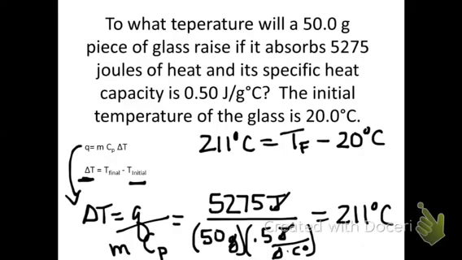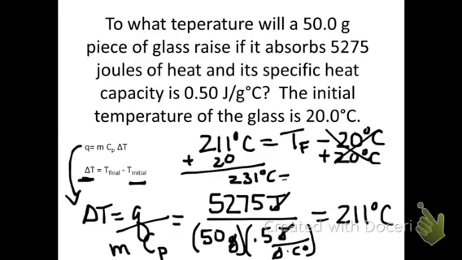So if I add 20 degrees Celsius to both sides, I get 231 degrees Celsius, this will cancel out, is equal to my final temperature. Okay? So my final answer is going to be 231 degrees.